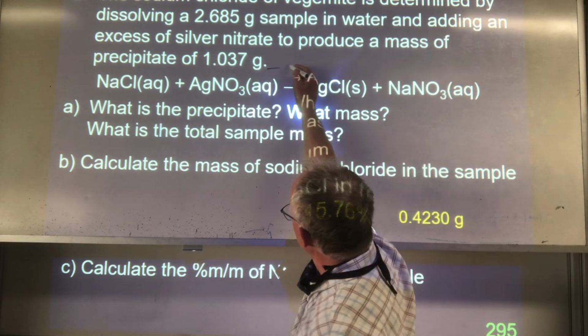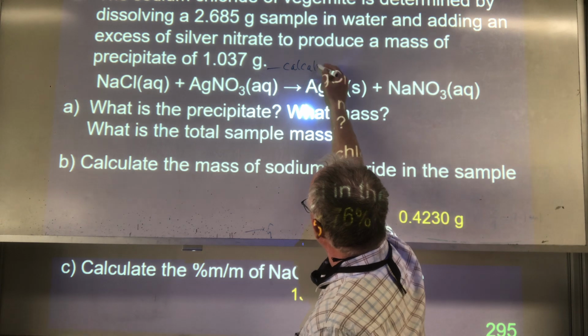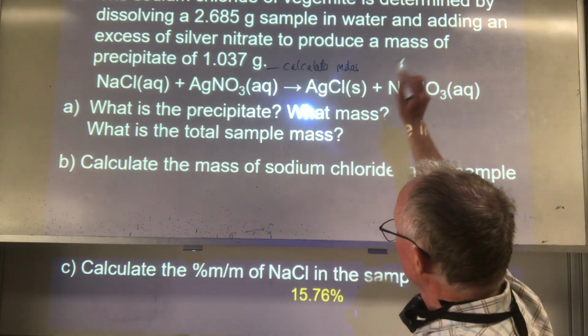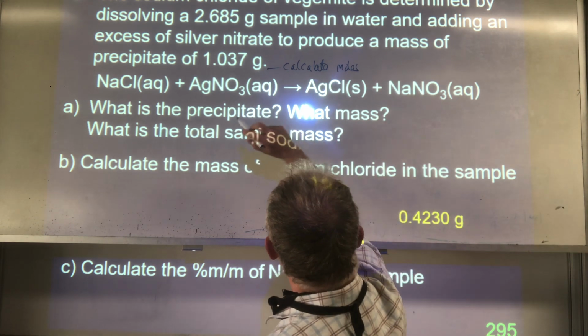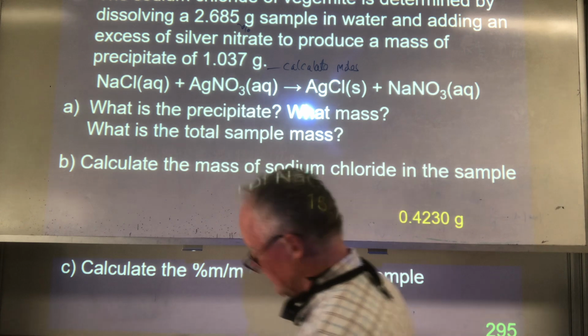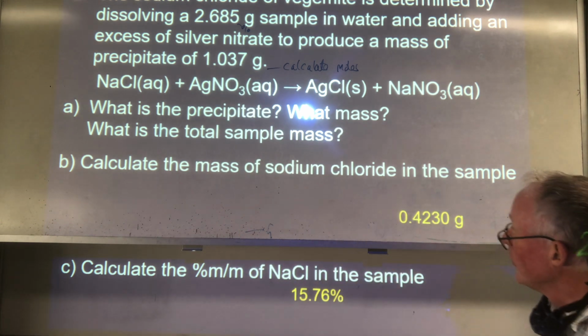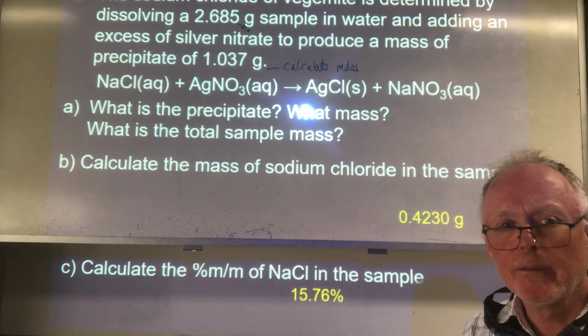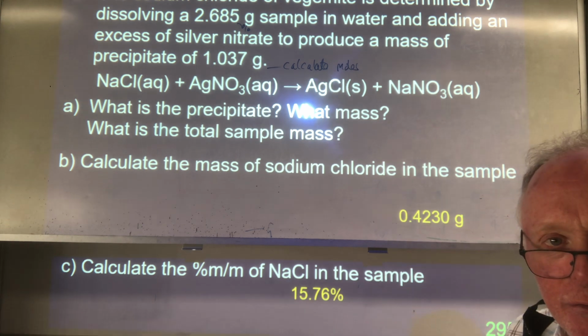So that's what we calculate the moles of. And the other one is going to be to calculate the percentage. So given those hints, have a go at those questions and then I'll run through the solutions.